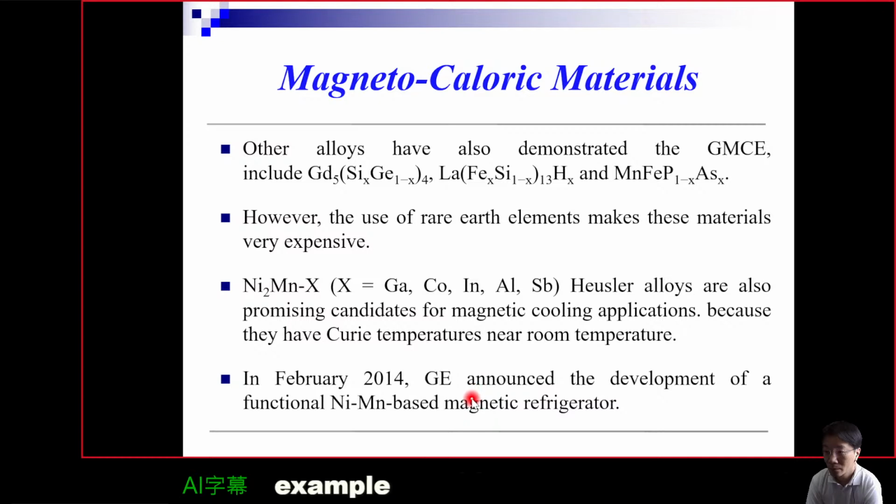For example, if you go to space and want to keep the temperature at a certain level, you need this kind of magnetic refrigerant. Okay, hope one day we can see the magnetic refrigerator. We can cool down instantly with this kind of GMCE material.